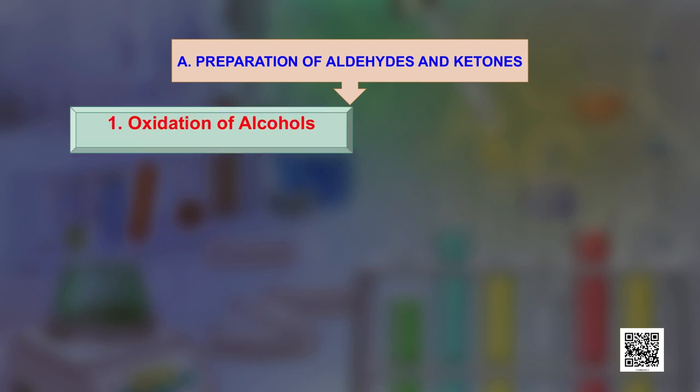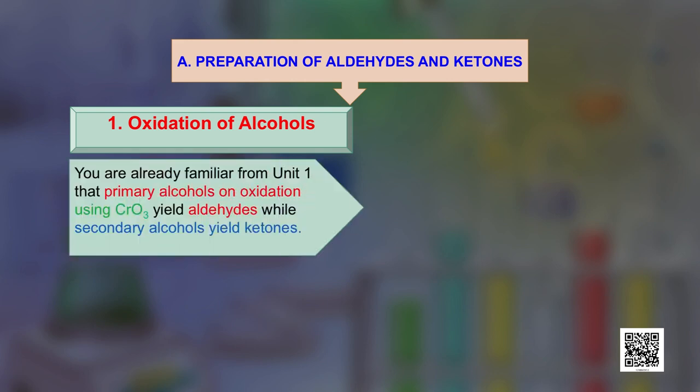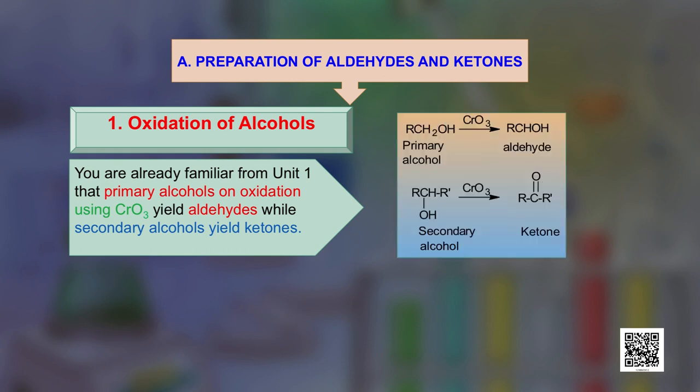The first method is oxidation of alcohols. You are already familiar from unit 1 that primary alcohols on oxidation using chromium trioxide give aldehydes, while secondary alcohols on treatment with chromium trioxide give ketones. And you can see the structures and the reactions here.